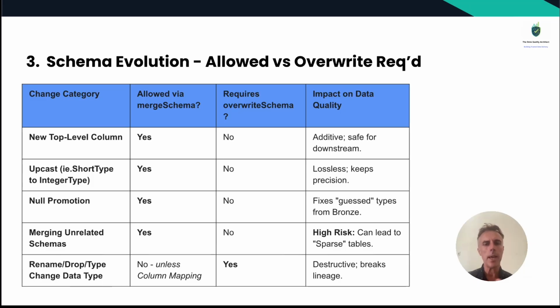Now, those two, you can enable column mapping in the table properties, which allows you to do this as a metadata operation without a full rewrite. But by default, even if you have mergeSchema equals true, you won't be able to drop a column or rename a column. Also, true data type changes like a string to an integer, for example, you'll need that overwriteSchema option.